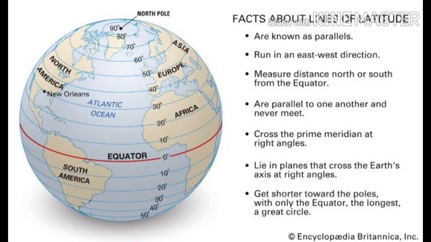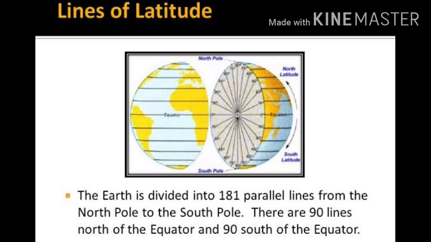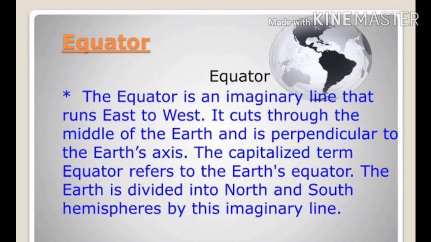Latitudes. Latitudes are the imaginary lines that run from east to west. The length of the latitudes increases as we move away from the poles towards the center of the earth. There are 181 lines of latitude. The latitude which divides the earth exactly at the center is the longest.